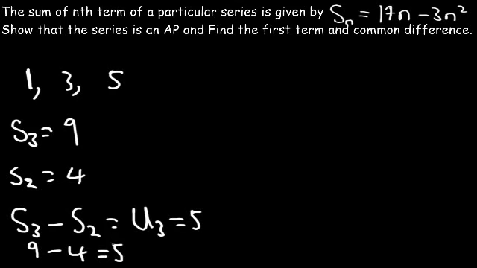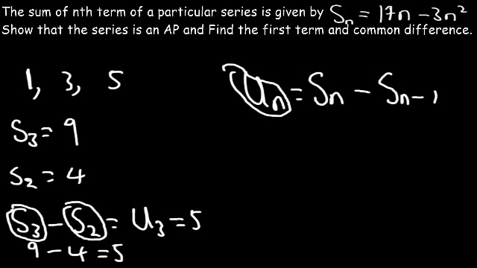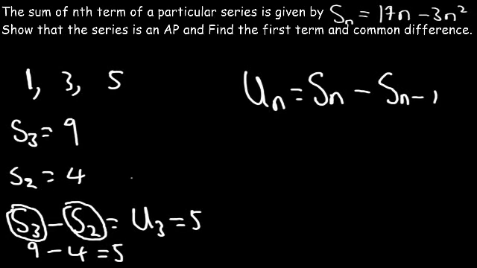So a general conclusion we can make is that U sub n equals S sub n minus S sub n minus 1. Why? Because S sub 3 is this, and S sub 2 is S sub 3 minus 1, and the difference gives U sub n, which is U sub 3. Perfect. This is another formula you just need to keep in mind. Okay, you just need to put that in the back of your mind as you might be using it in different ways.